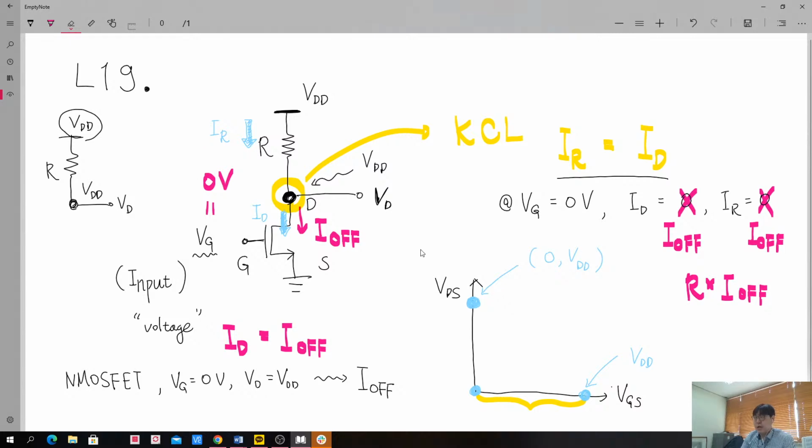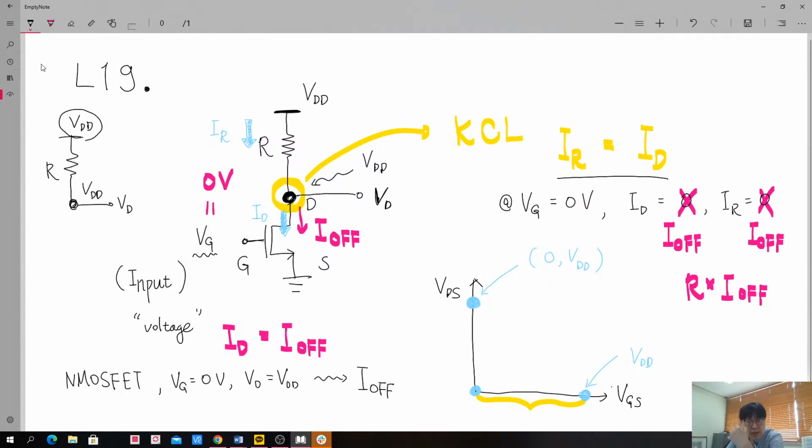So it is a non-ideal case. We wanted to have really zero current, but if we have Ioff, that is far away from our ideal case. That is the killing point for our modern technology. We will consider this concept again and again.